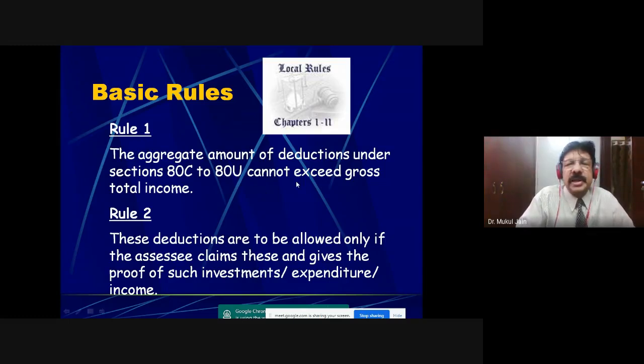So it cannot exceed. Why it cannot exceed? So you will say, why can he not invest 6 lakh? How will he explain to the income tax authorities, if his income is 5 lakh rupees, how he has invested 6 lakh rupees in various investments, that is from 80C to 80U, which we are going to study.